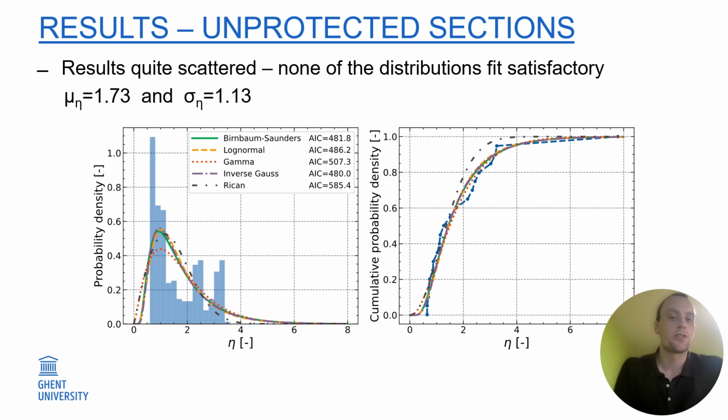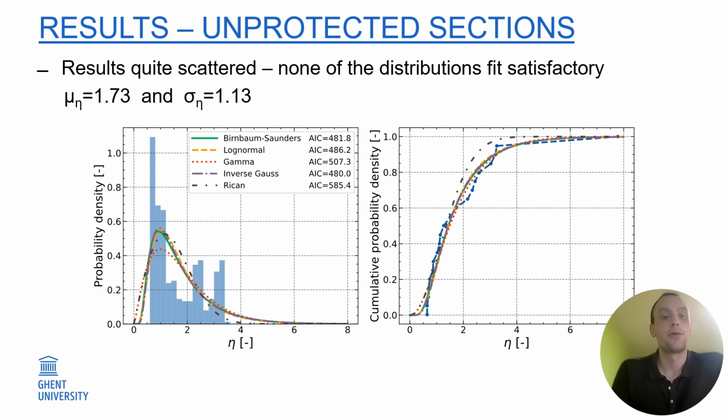For the results, we will start with the unprotected sections, and we will always discuss the probability density and the cumulative probability density. Now, as you can see from the histogram in the left-hand chart, which is for the probability density, there's really a lack of clear pattern in the data that we got. This is also indicated by the mean and the standard deviation.